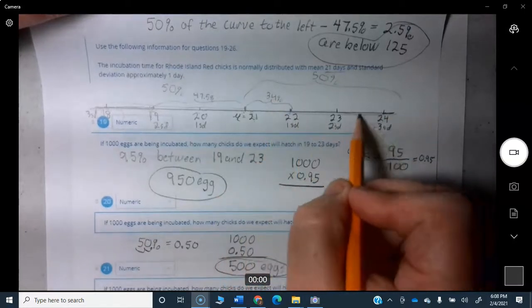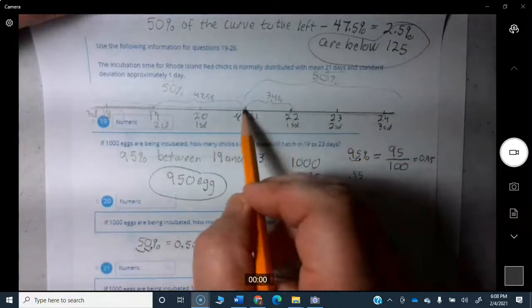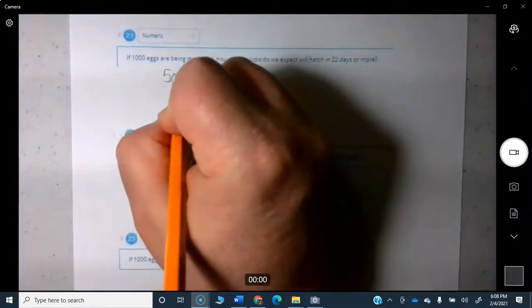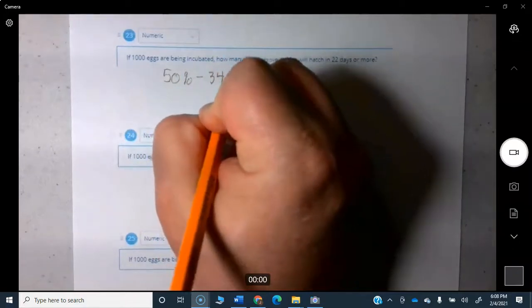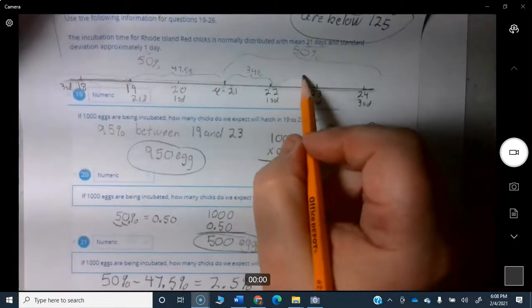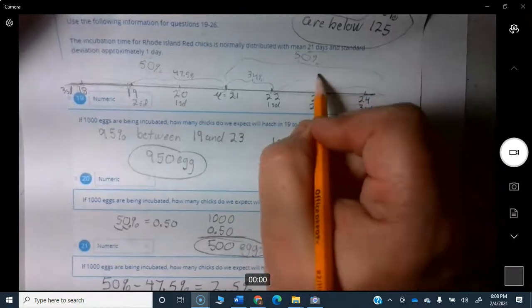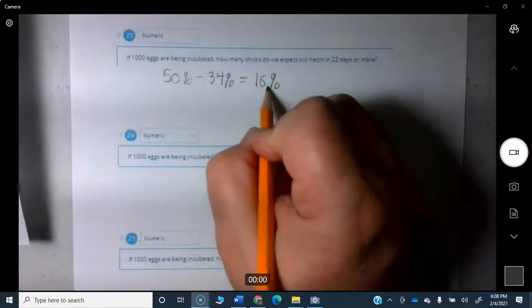So if we want to know this, we take this entire 50% minus this little piece of it, 34%, and that gives us 50% minus 34% equals 16%. Okay, so this little piece of it up here, all the way to the end, not just to there, is 16%. So that's what percent it would be. So we use our decimal trick.